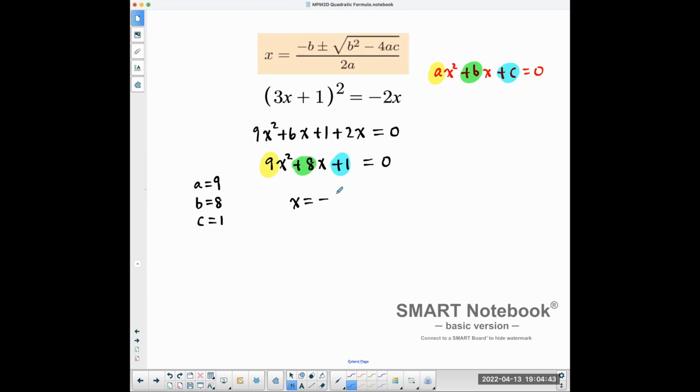x is equal to negative b plus or minus the square root of b squared minus 4 times a times c, all divided by 2 times a. So what's b? It's an 8. 8 squared, minus 4 times a times letter c, all divided by 2 times a.